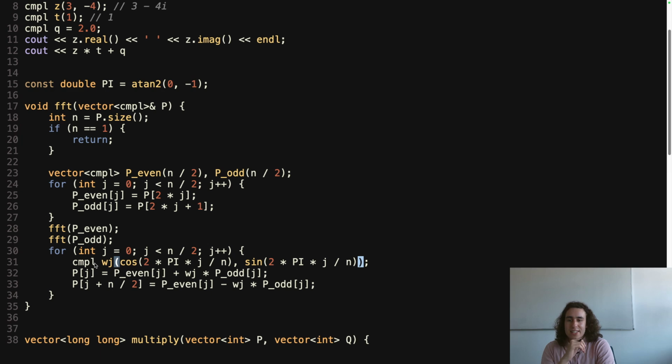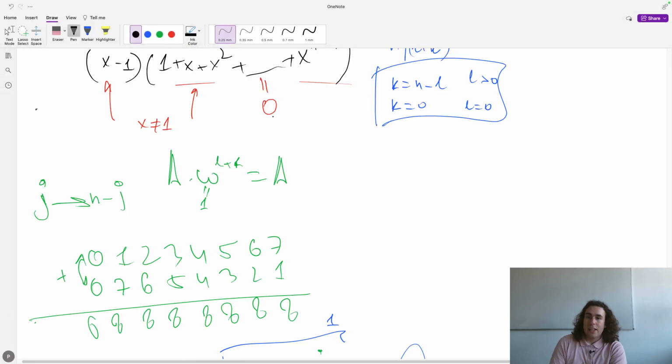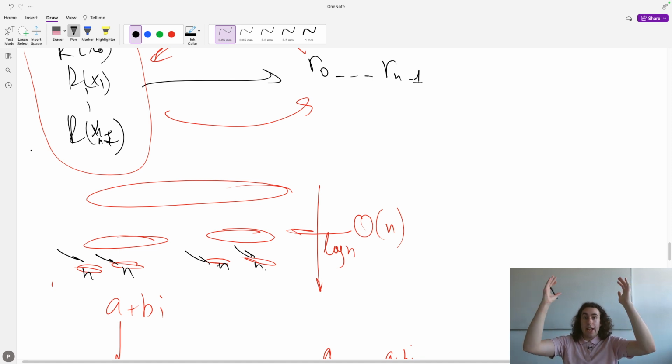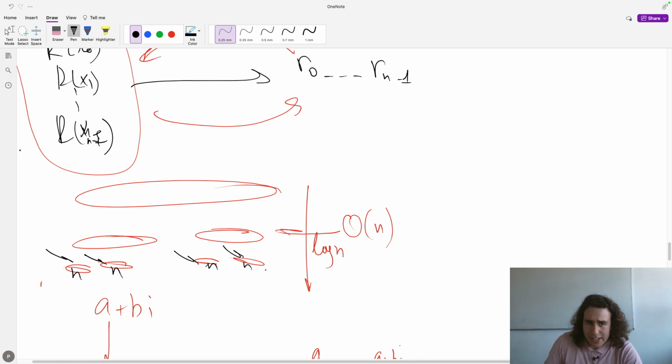But you can notice that these values only depend on the values n and j, right? And in our tree of recursion, there are a bunch of nodes where we have the same value of n, right? On one level of recursion, all values of n are the same. So we can pre-calculate it for all levels of recursion. And then we'll only need to calculate n of them, right? For the first level, there are n, then n over 2, n over 4, and so on. Let's do exactly that.